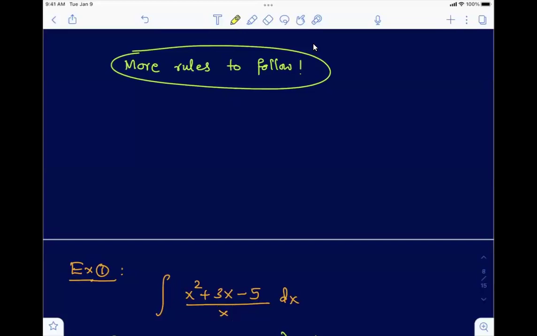Now, if your thought process is in that way, think about this. When you take derivatives, there was no simple formula for a quotient, when you have a function divided by a function. That came with a slightly complicated formula called the quotient rule. So you just did not differentiate the top and the bottom and then divide them out.